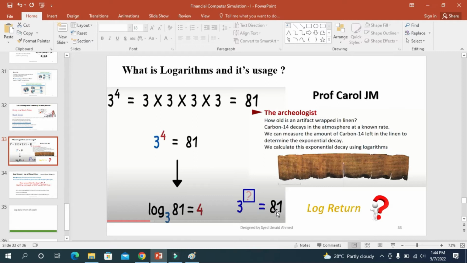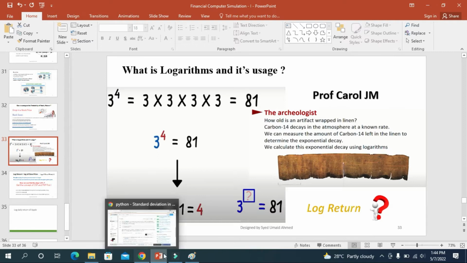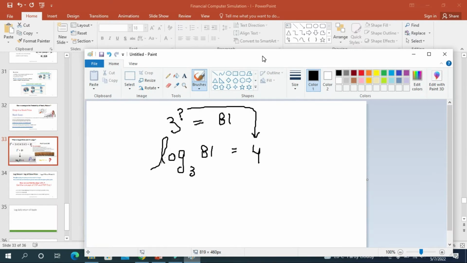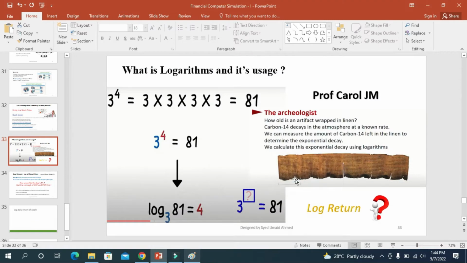So this is logarithm, and with the help of logarithm you can find the exponent by seeing the answer, or you can do exactly the opposite of it using these forms. So what is the exact purpose of logarithm in the real world, and what is the exact usage?